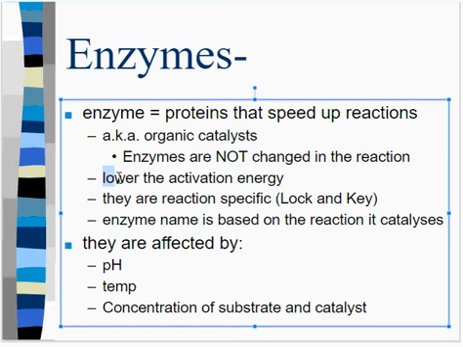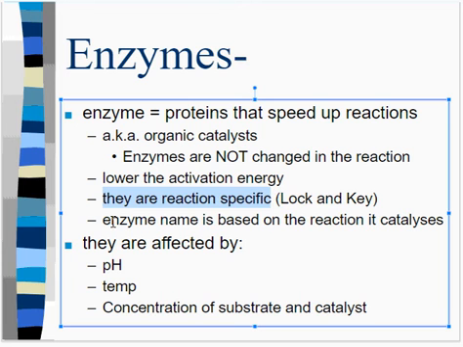They lower the amount of energy needed to make a chemical reaction happen. And they are enzyme specific. So the enzymes will only work in specific chemical reactions. We refer to this model as the lock and key model.